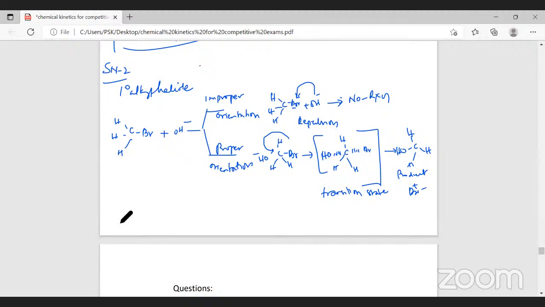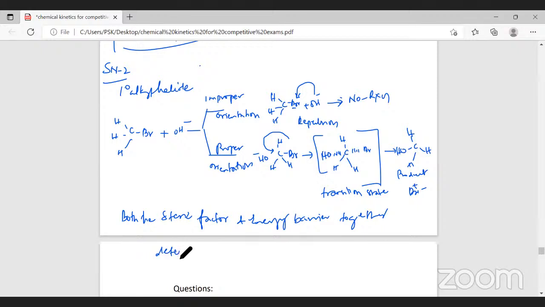So in collision theory, both the steric factor, this orientation, otherwise called the steric factor, and the energy barrier together determine the criteria of effective collision.